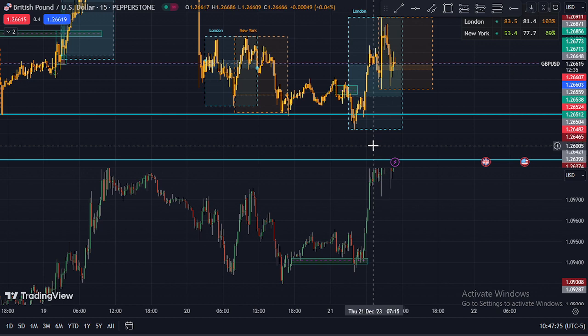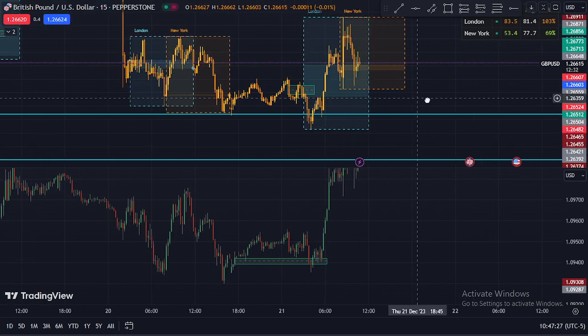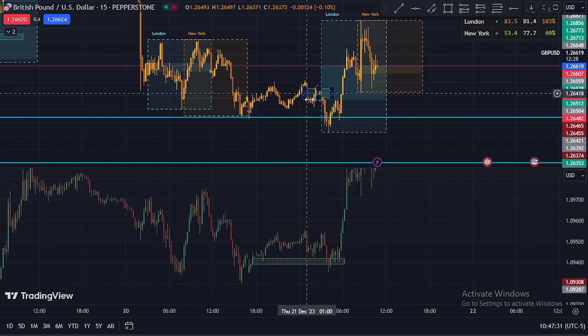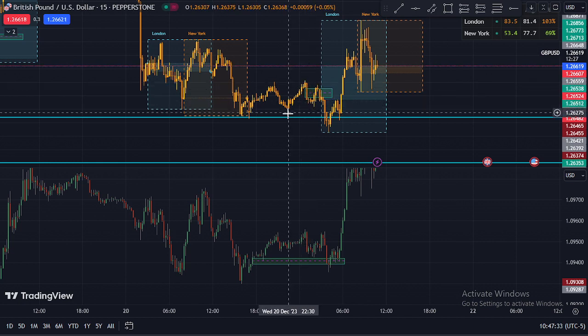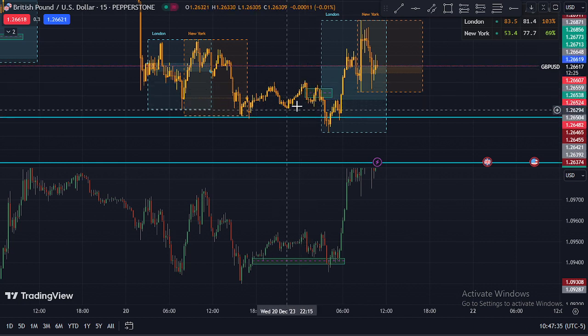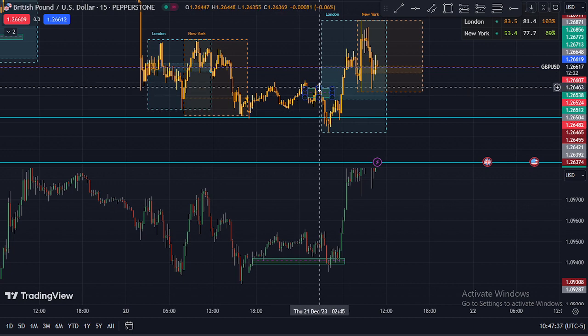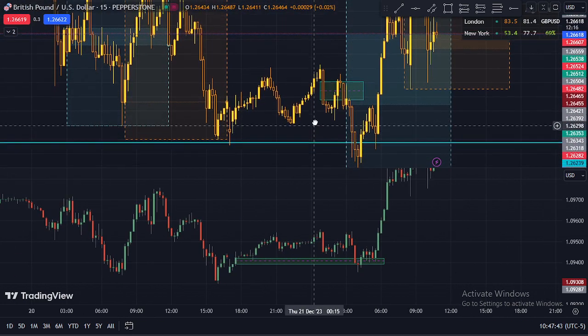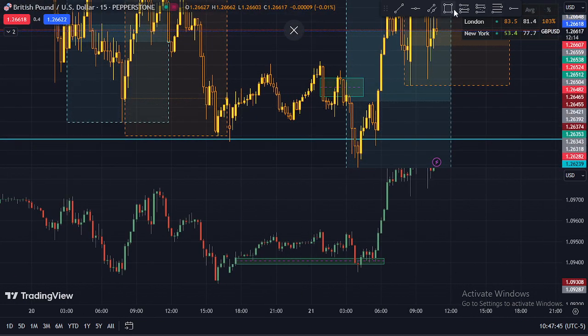As I always teach you, as you can see here, while price was up here, it came down but did not take out this low, went back high again. So there is a little inefficiency that is right here. So we had this inefficiency.